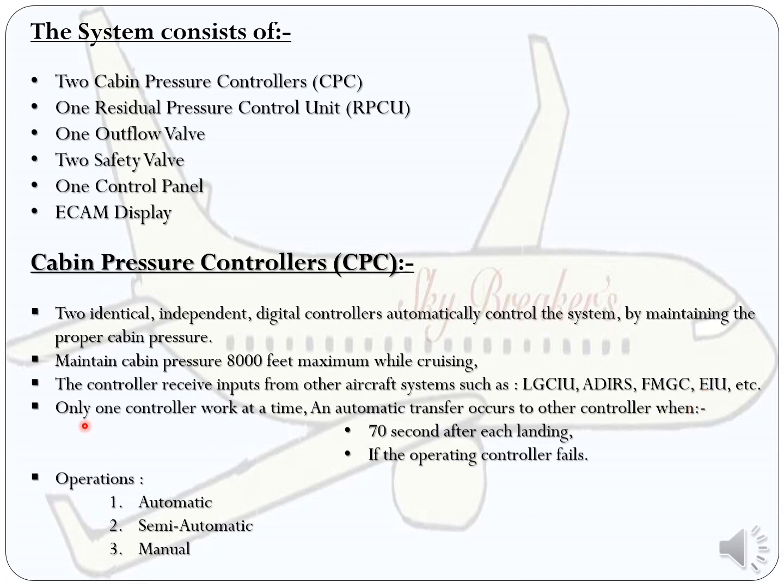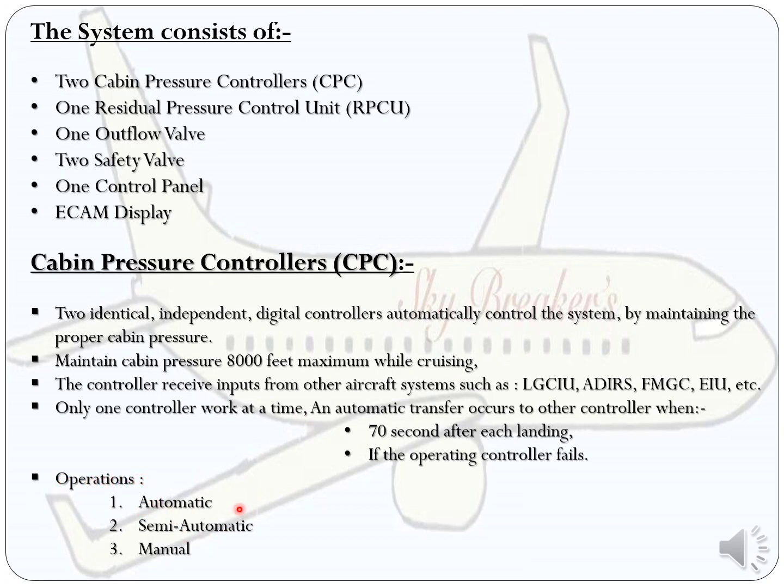Next, only one controller works at a time normally, and automatic transfer occurs 70 seconds after each landing, that is touchdown, and if the one operating controller fails, it will be switched to the other CPC. Next is operations.